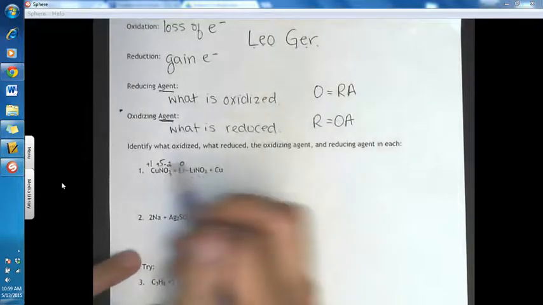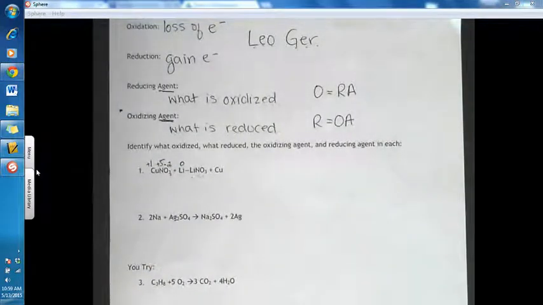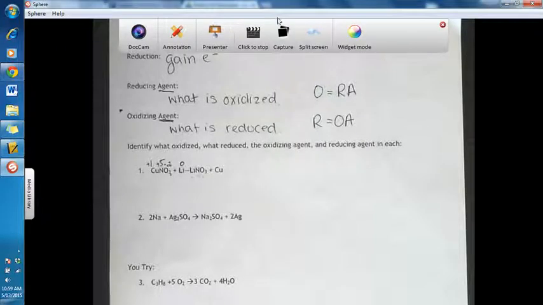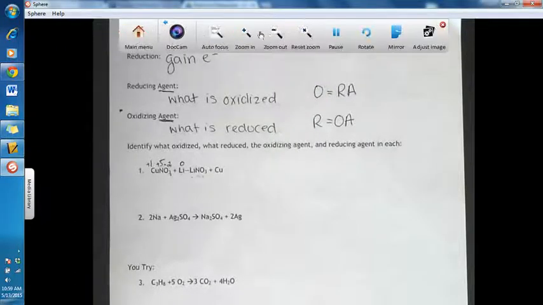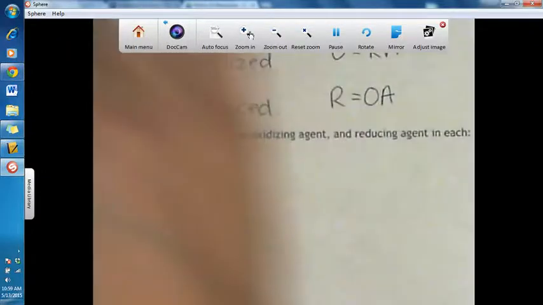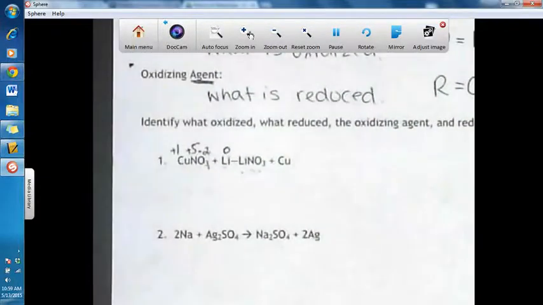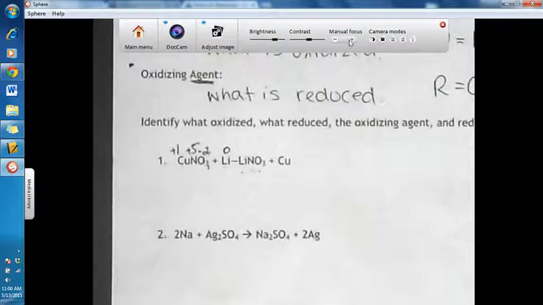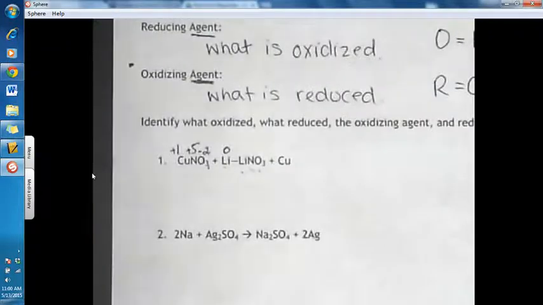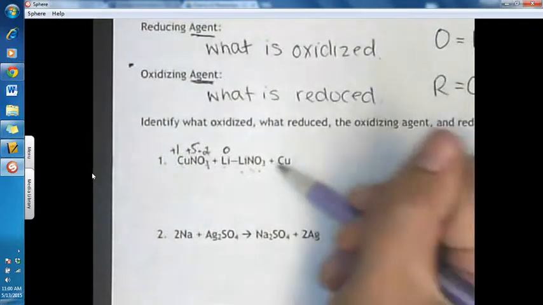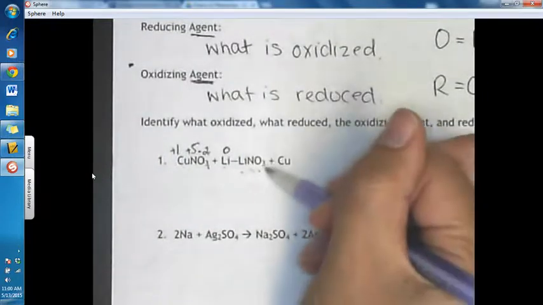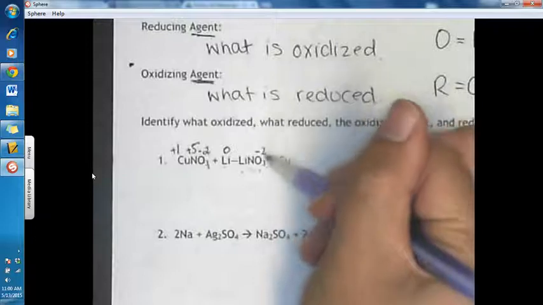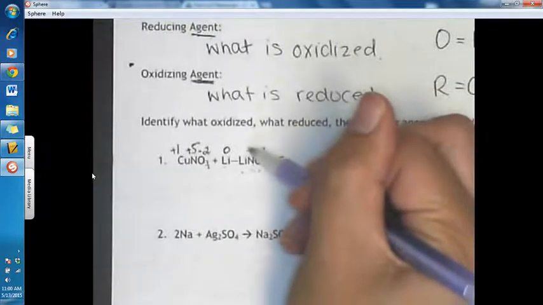Lithium nitrate, here again, we have to look at our nitrate ion. I'm going to zoom in a little bit more so you can see this easier. So lithium nitrate, again, oxygen, there's 3 of them at -2, gives us -6, so our nitrogen is still going to be +5.